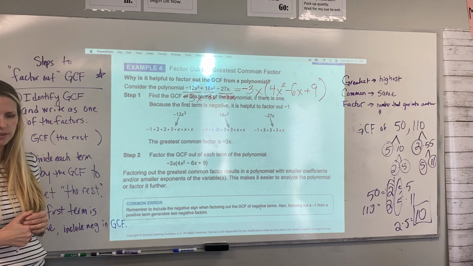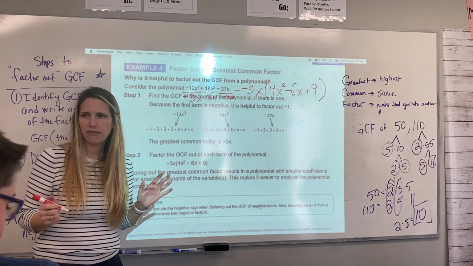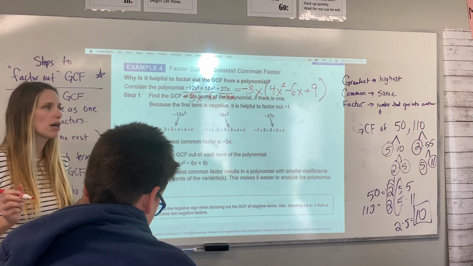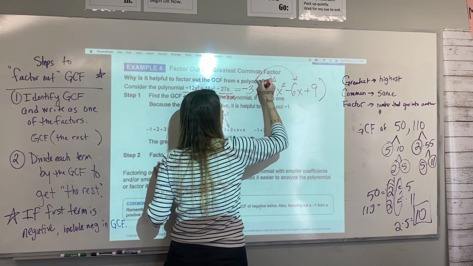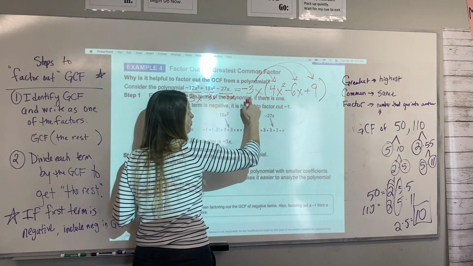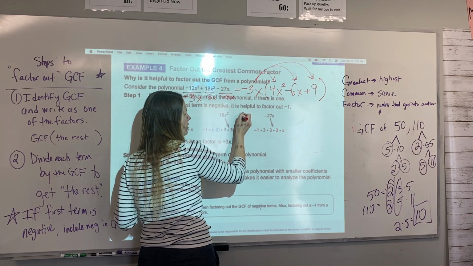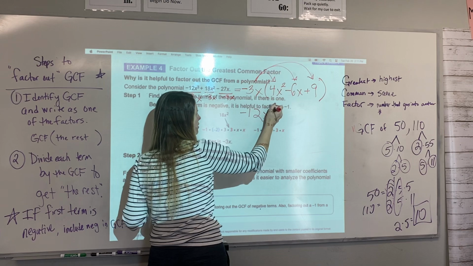Okay, so this is the final answer. But you can distribute to double check. So negative 3 times 4, negative 12. X times x squared, x to the third.